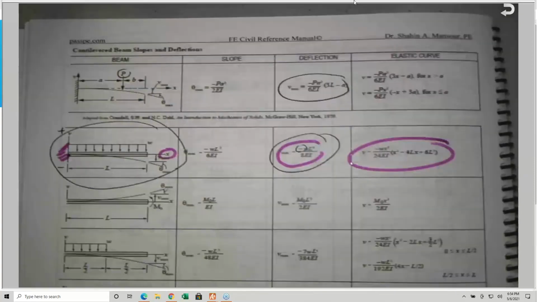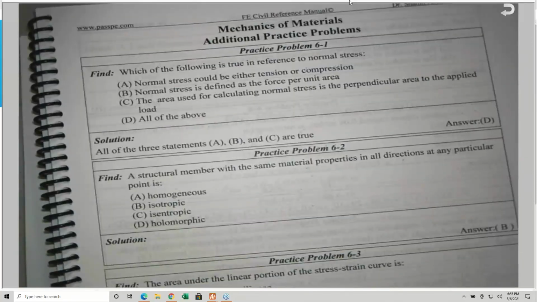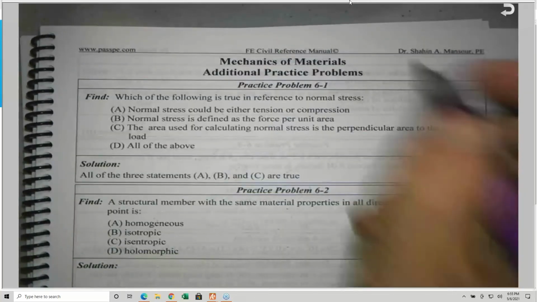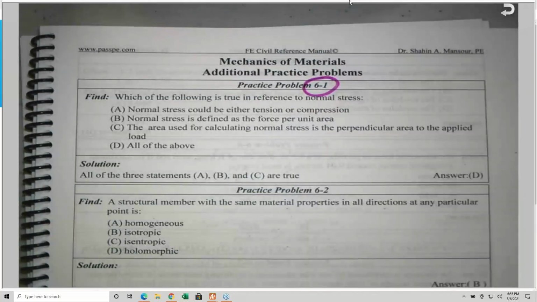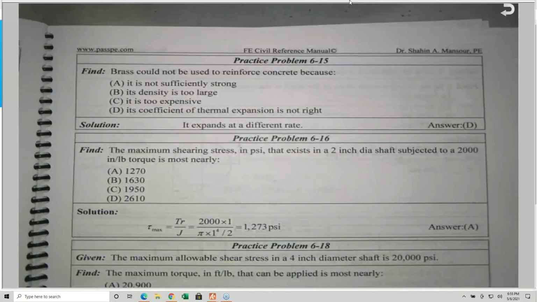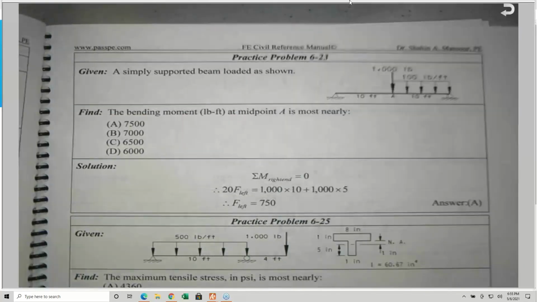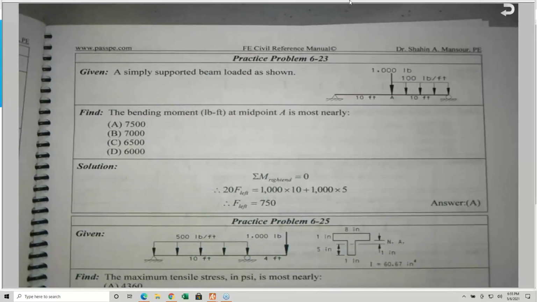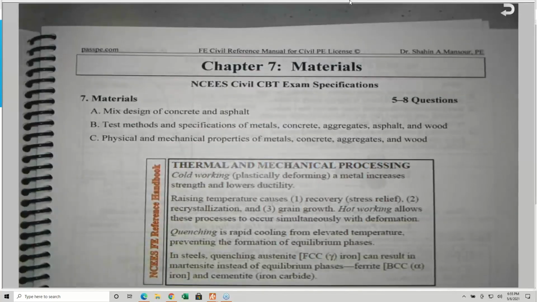So please do this, and I need you to go over all these problems. As I told you, at the end of this chapter you will find problem 6.1 all the way until 6.28, and it has a lot of calculations, by the way. For example, here it is, a cantilever beam and shear moment diagram and all these things, until problem 6.28.